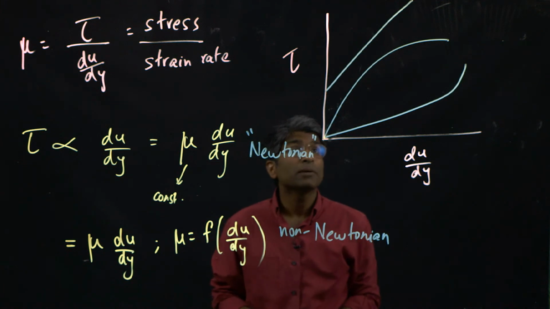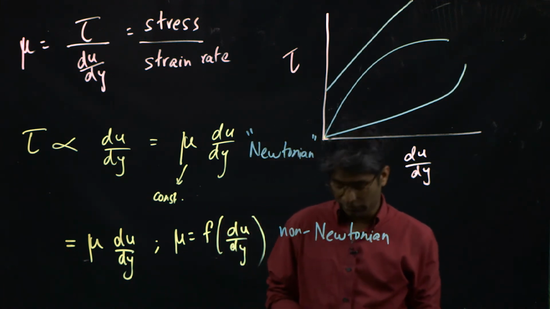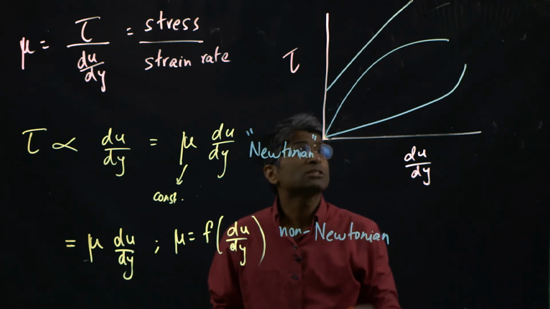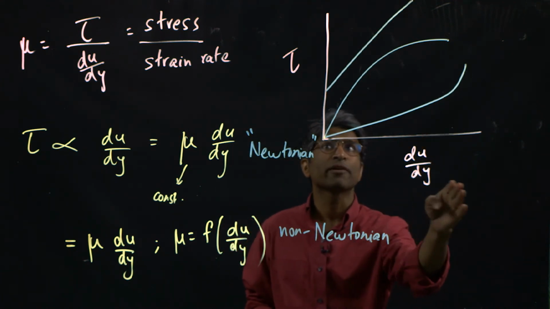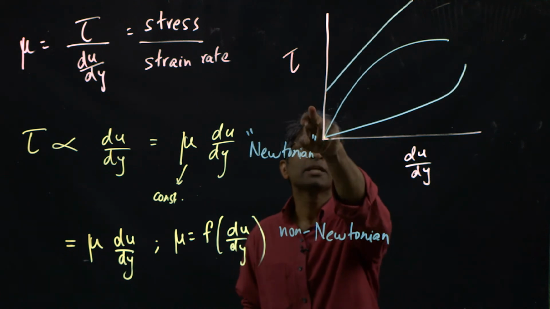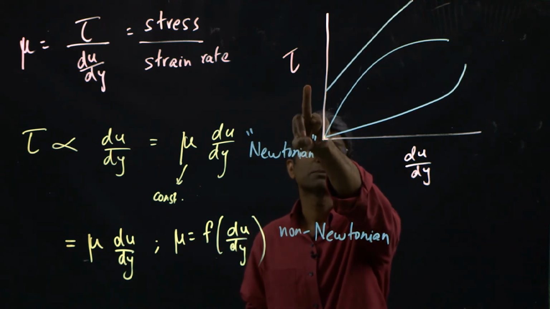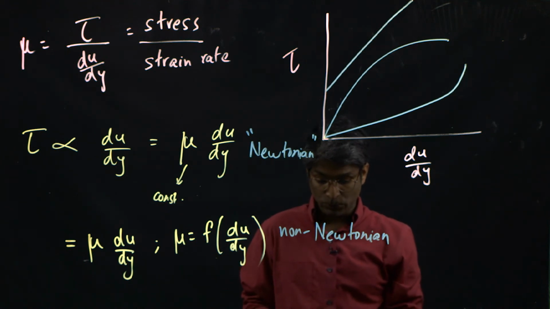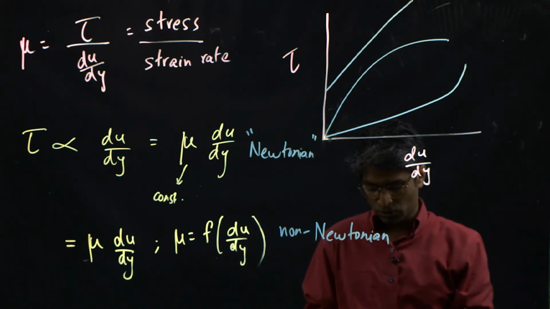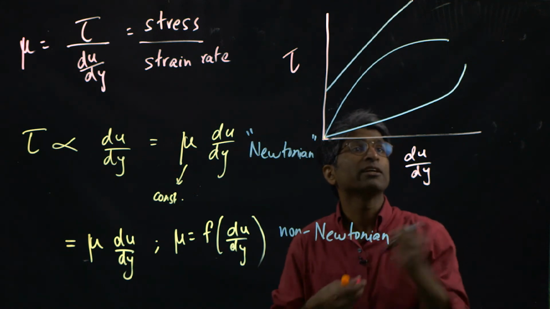So, these are all examples of real behavior. This curve would suggest that as you increase the strain, you need a disproportionately greater shear stress to shear the fluid. This is what is called a shear thickening fluid.